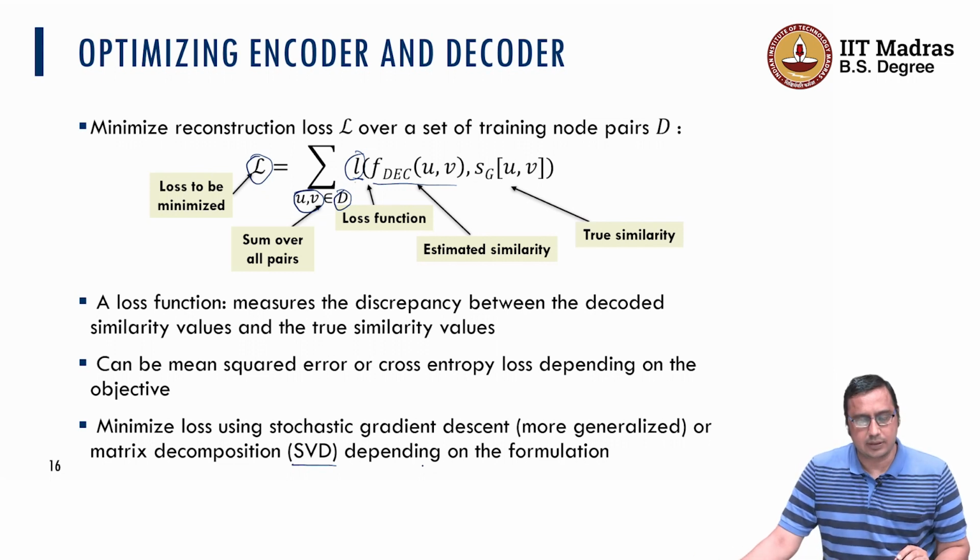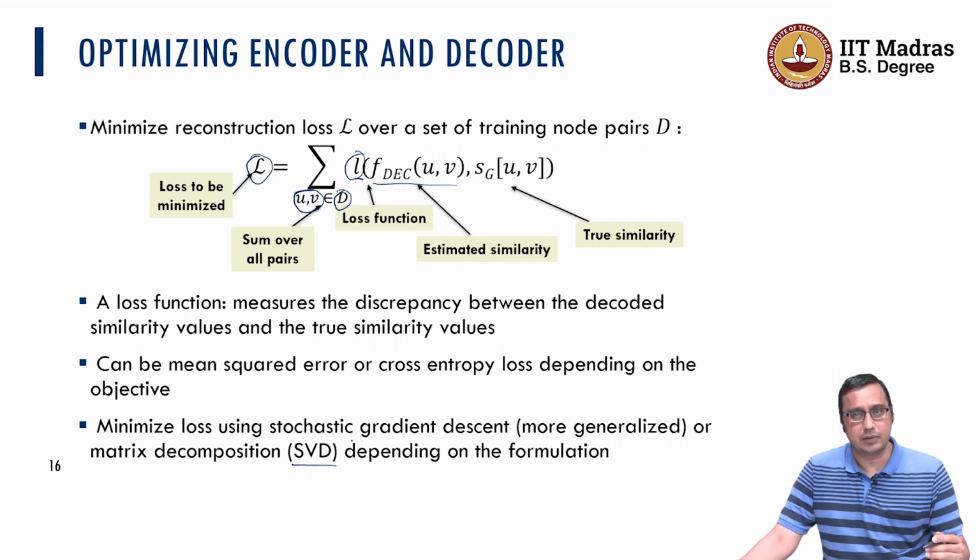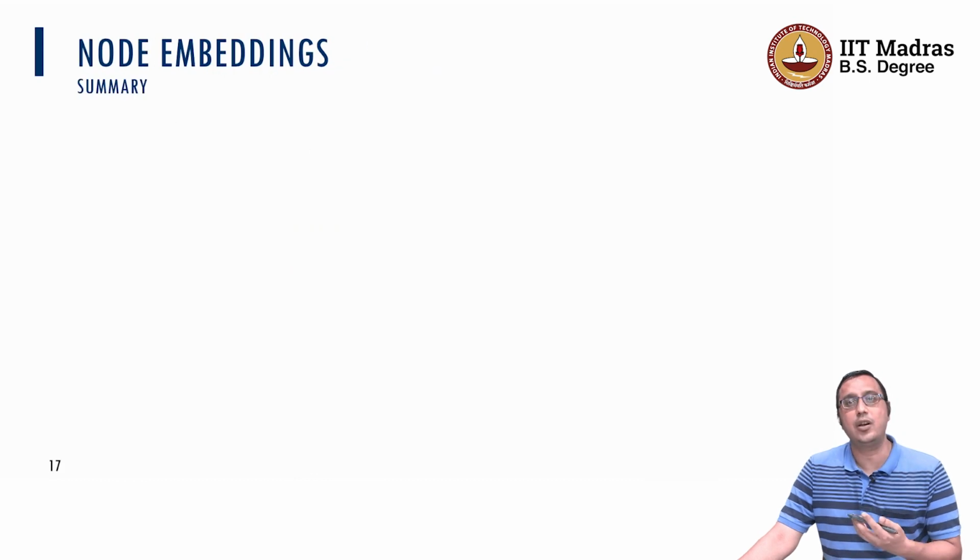That is going to be the next part of our lecture, where we are going to discuss how different methods vary in the formulation of the loss function, the similarity SG and the f-dec in general. And you will see that there is some commonality even there when it comes to decoder functions, similarity functions or even loss functions.